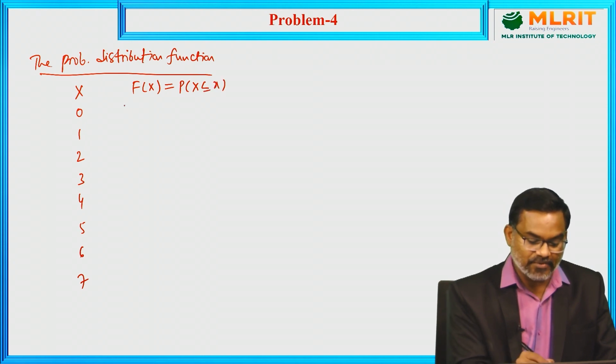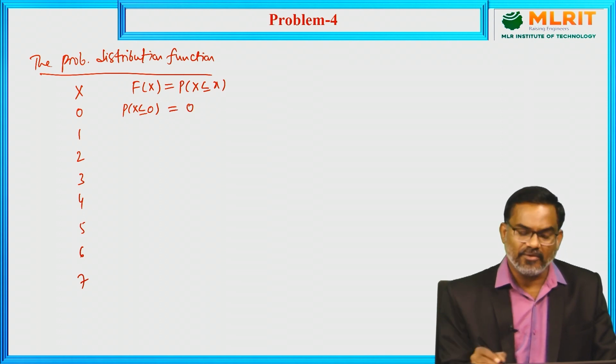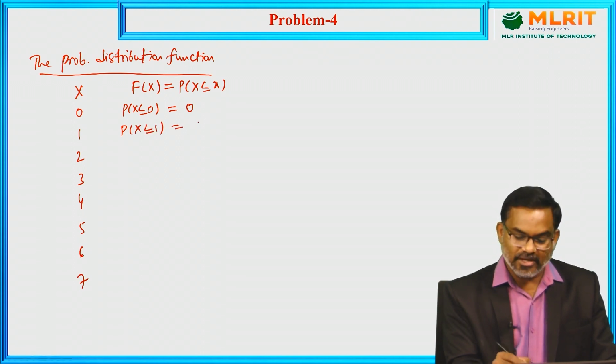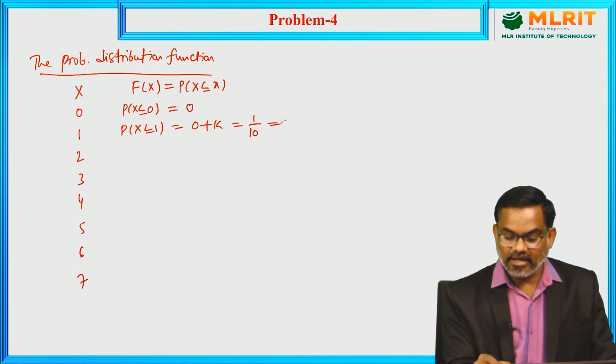So, first, probability of x less than or equal to 0, the answer is 0, the first value. Now, probability of x less than or equal to 1 means there are two values, 0 plus k, which is 1 by 10, the answer is 0.1.